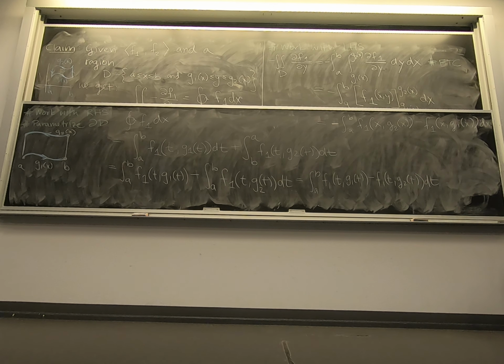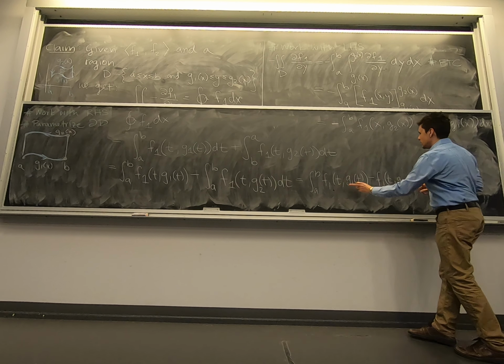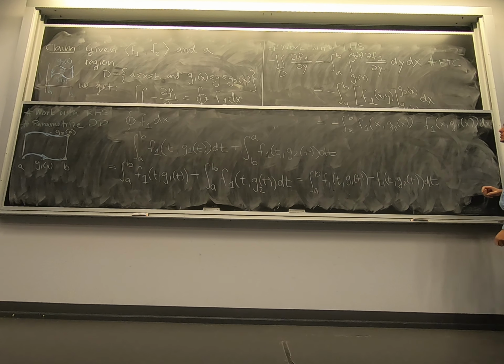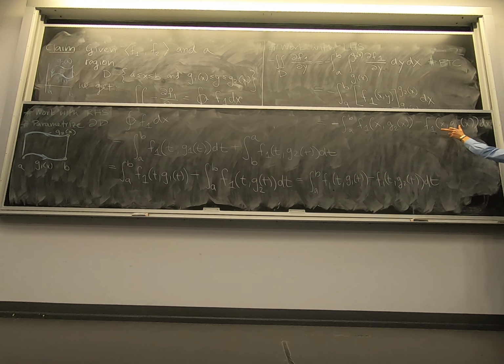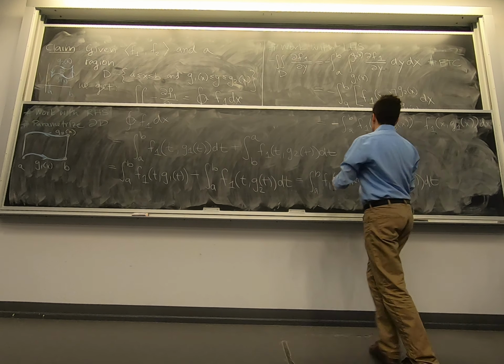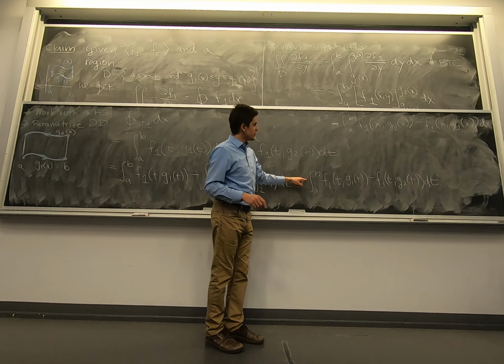These are starting to look really familiar somehow. Here we've got F1, G1, F1, G2. Here we've got F1, G2, F1, G1. So the only thing we're missing is that there's no minus sign out front here.